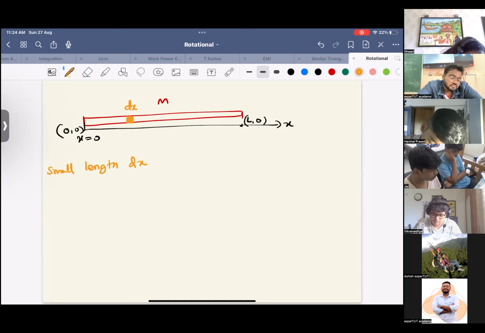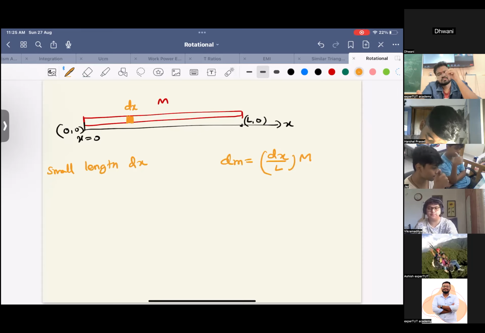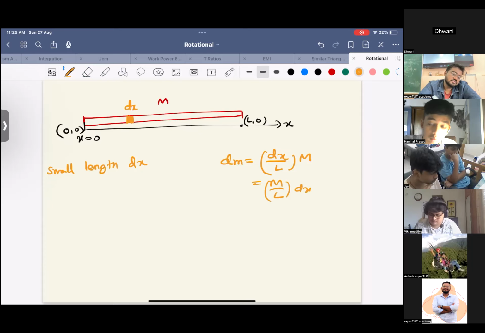How much will its mass be? It is dx by L into capital M. Because this is a small mass, it is called dm. So dm is equal to small m by L dx. Are you getting this, everyone who's online? Let's write it properly: M by L into dx.